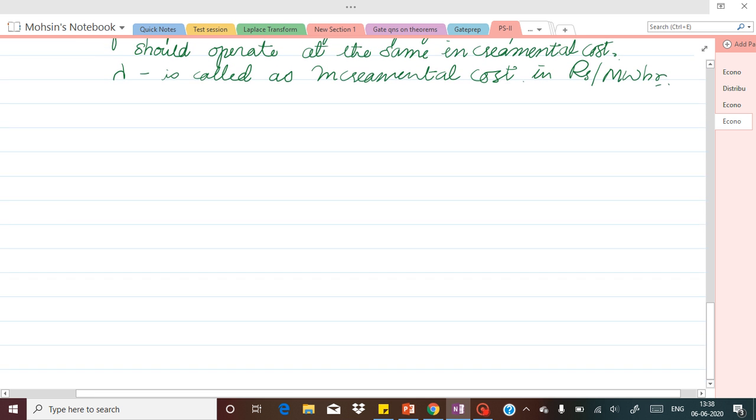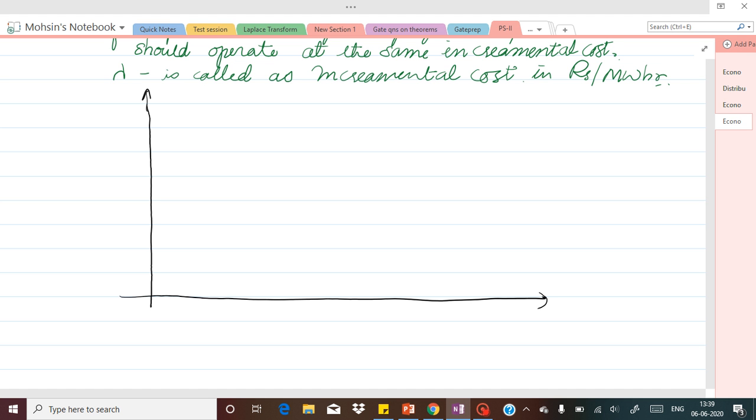Okay, so suppose there is an input output curve, and here output is obviously the generating output in terms of megawatt, and the input here is, let me just indicate this as incremental cost, in terms of, sorry, I'll just write this in rupees per megawatt hour.